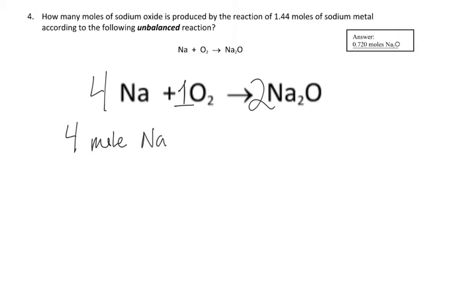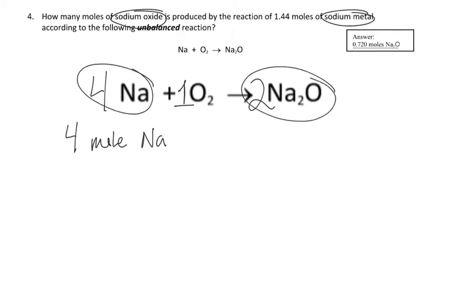And the question's asking us at the top how much of the sodium oxide. So I'm just going to circle parts of the problem I want to focus on. So 4 moles of sodium will usually make 2 moles of the sodium oxide.